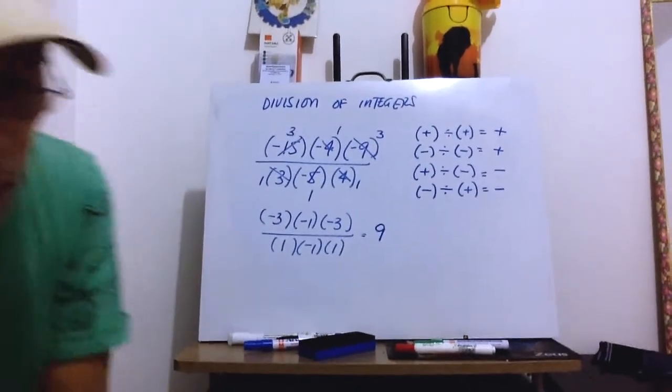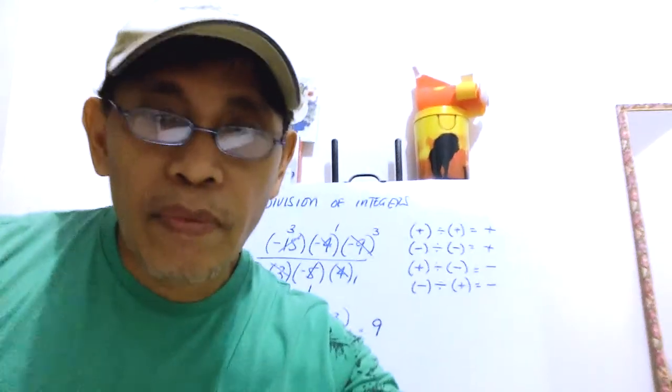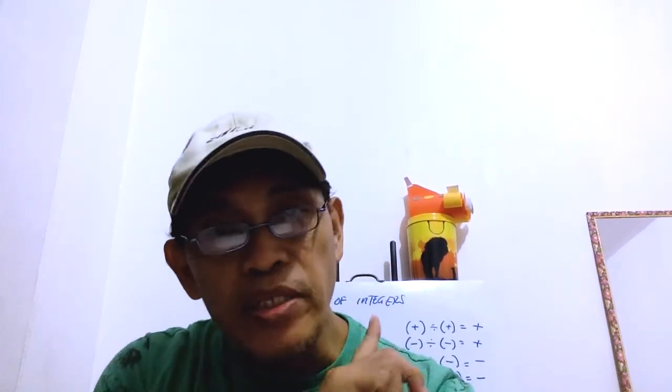Alright? Okay. What have we learned today? Okay. We learned how to add, subtract, multiply, and divide integers. Just remember the rules that we have discussed there, especially in addition of integers.